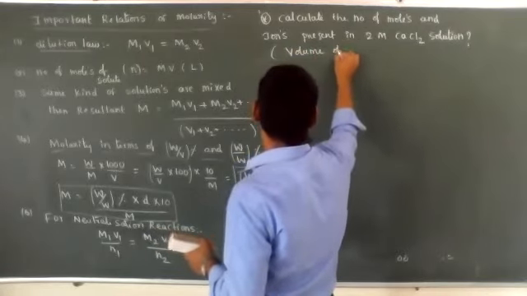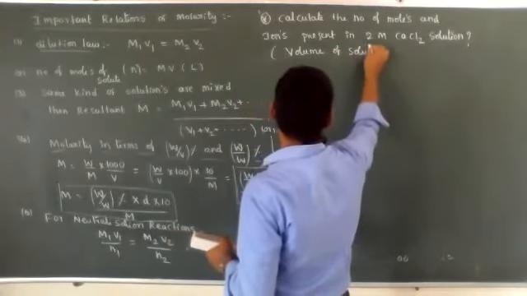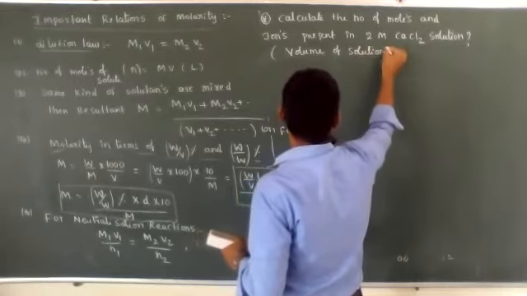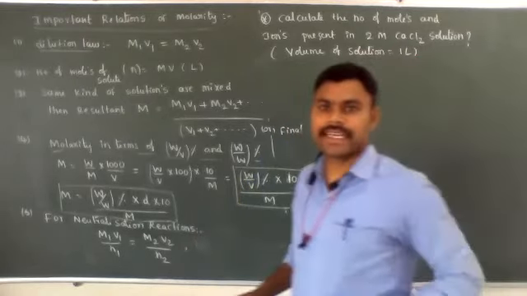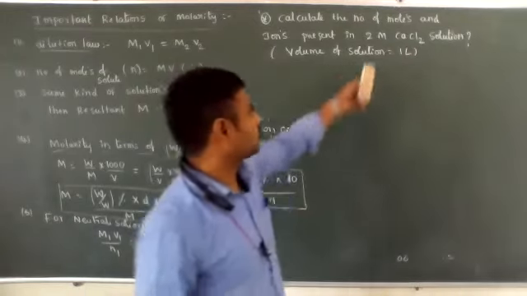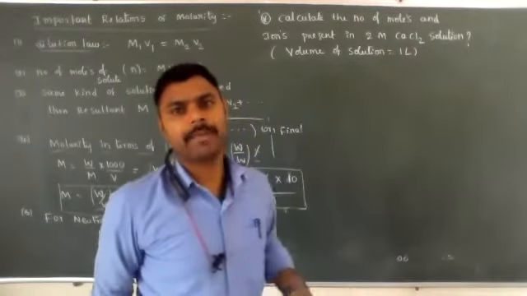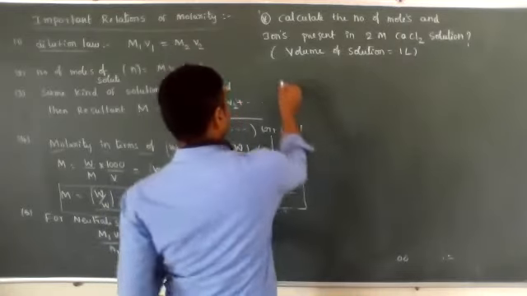Volume of solution is equal to 1 liter. So 1 liter of CaCl2 is present, and its concentration is 2 molar. Then how many moles are present?